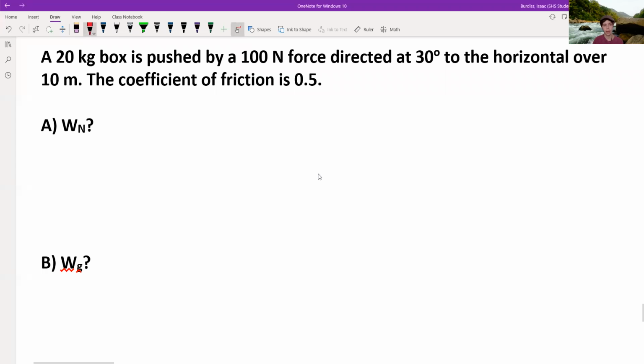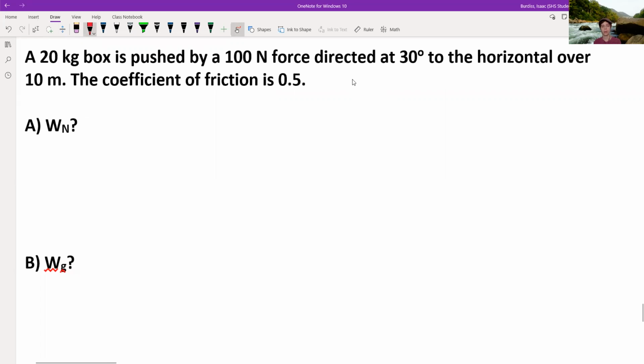Okay, so I have this here now. A 20 kg box is pushed by a 100 Newton force 30 degrees above the horizontal over 10 meters. Coefficient of friction is 0.5. So let's see, write down what we know. Mass 20 kilograms.